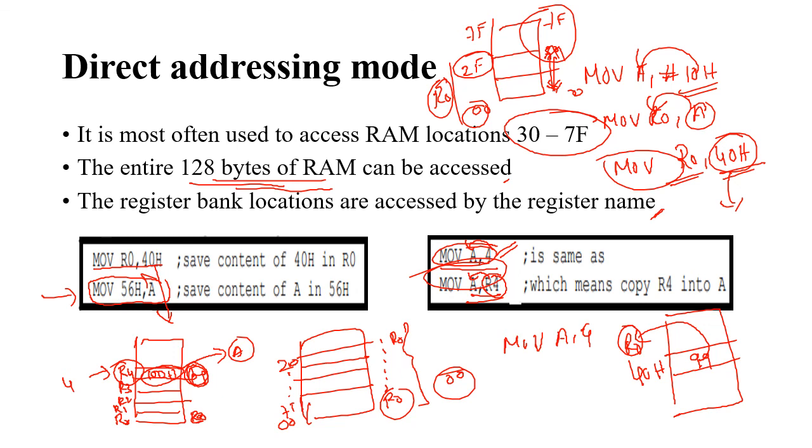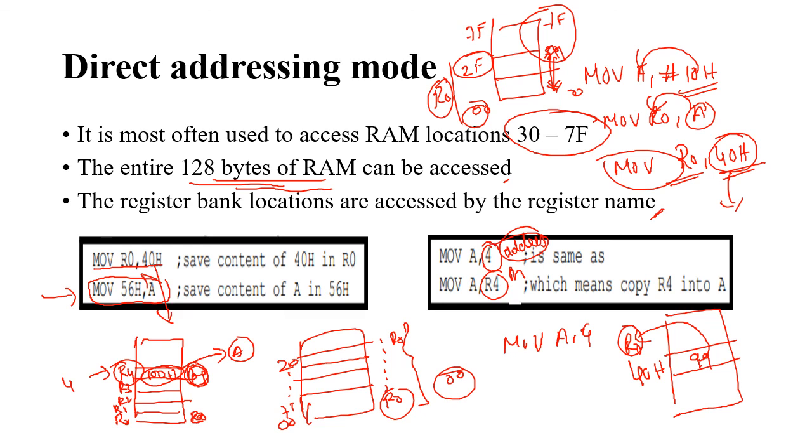This is what I said. Instead of using the register names, we can access the registers using the address. You see here, R4 is the name of the register, whereas 4 is the address of register R4. We can access the registers using their address.